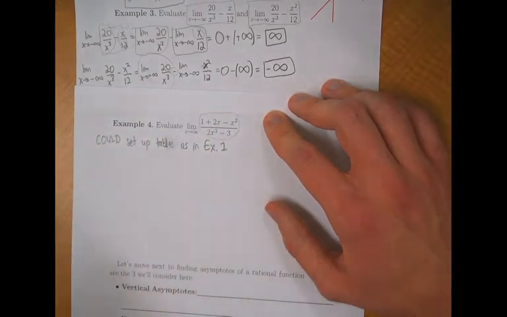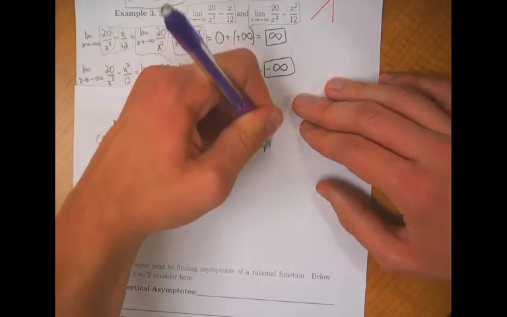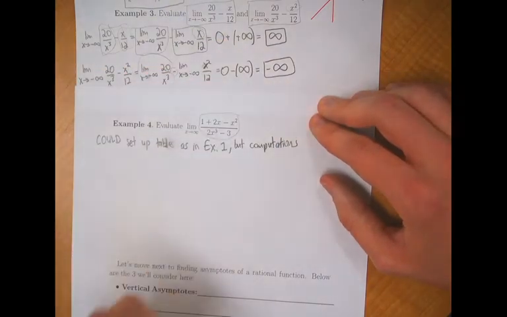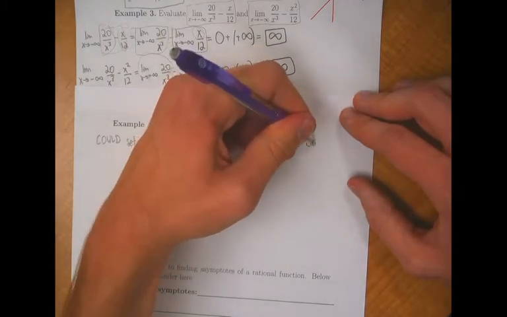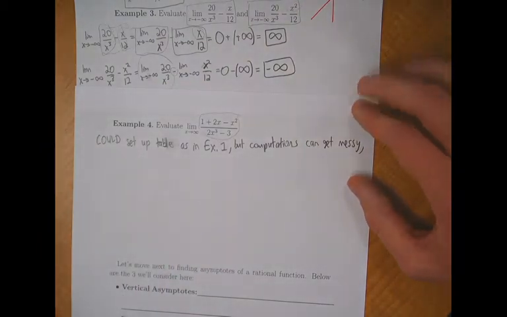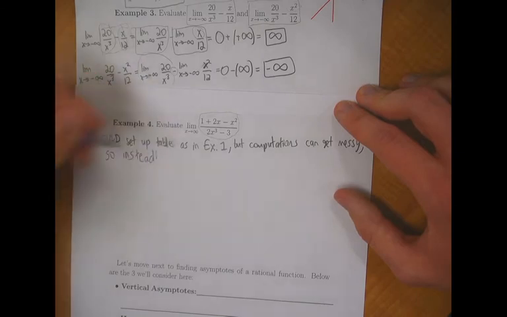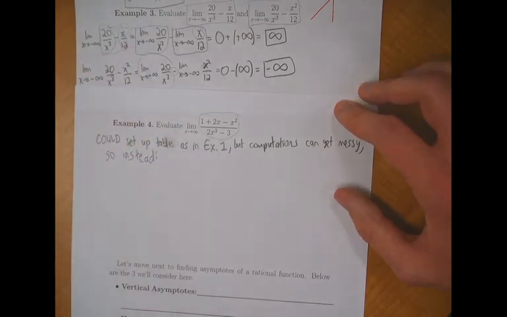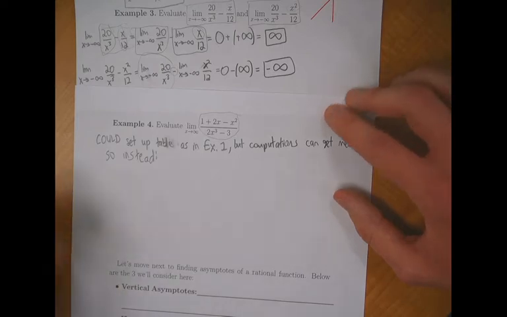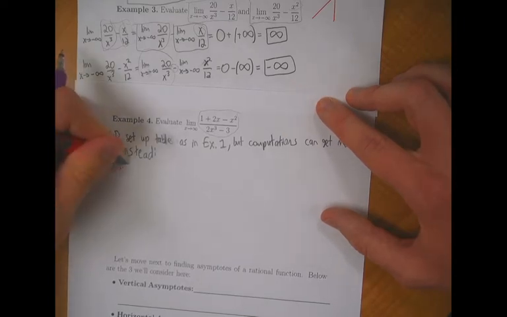If there's a shorter way to do this, then that might be better, because computations can get messy. So instead, we're going to apply this general rule that's a bit easier to work with here. So here's our general rule.